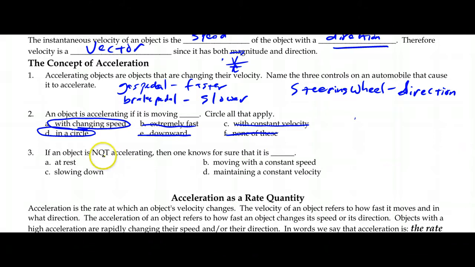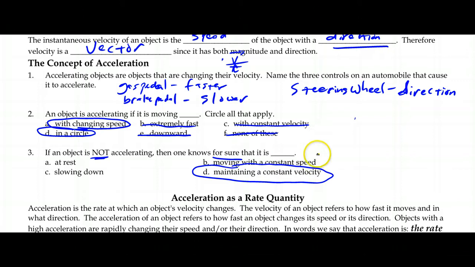So the inverse of that, if it's not accelerating, it should not be changing its speed or its direction. Now, there's actually only one of these that we can say for sure that it's not accelerating. And that's if it's maintaining a constant velocity.